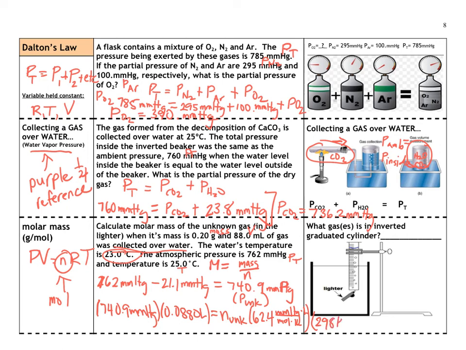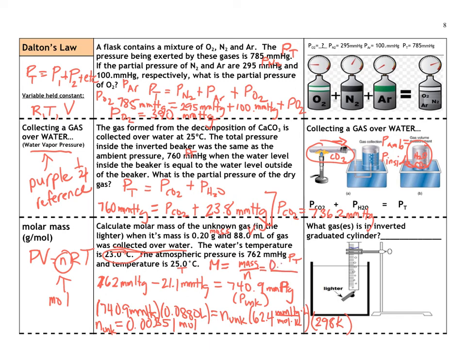When I then calculate with my pressure, my moles end up being 0.00351 moles of my unknown gas. With that, I'm going to insert it into my molar mass, now that I have moles of my unknown gas, and I do have my mass.